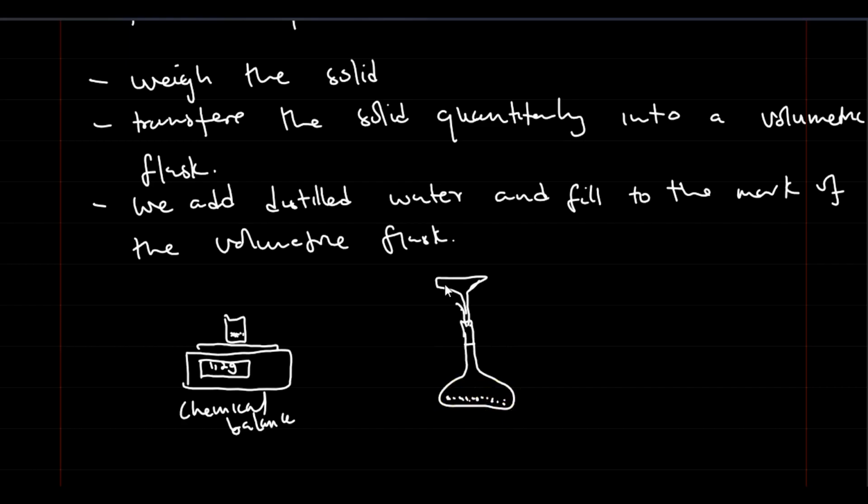Some of the solid will be left on the glass funnel, but what we do, we take a smaller bottle called a wash bottle, right? It's like a squeeze bottle. So you will wash the sides of the glass funnel, where there are still particles of our acid or base in solid form.